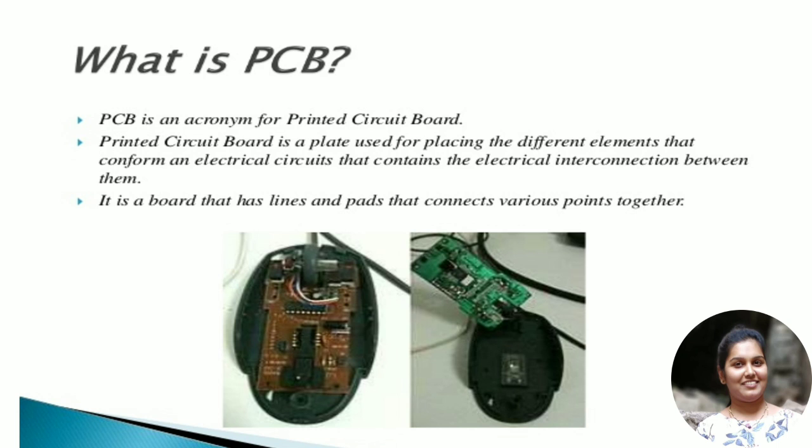Or, as another example, you can take a TV remote. If you open your TV remote, beneath the buttons of the remote controller you can observe a similar kind of plate, green and brown in color, which has some lines, and on the lines you can see some components placed.